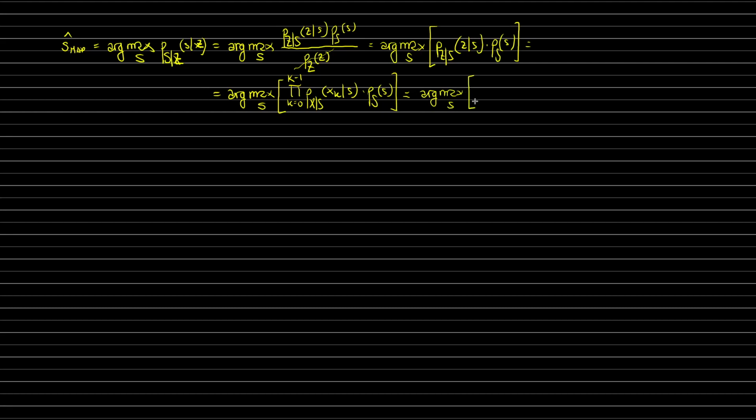So we can maximize just the log of the prior distribution plus the sum from k equal to 0 to capital K minus 1 of the logs of the likelihood function of the observations. So this would be the general formula in the case of MAP estimation.